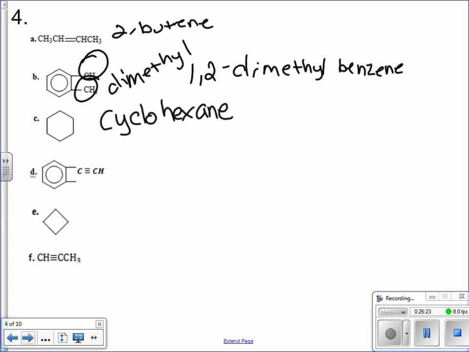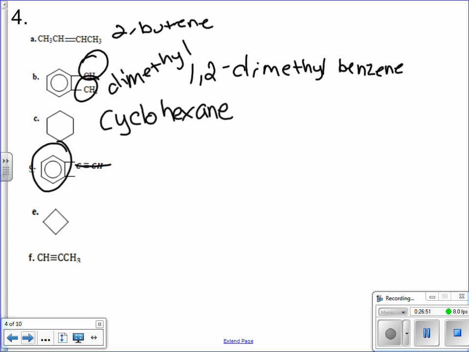4D is kind of tricky. We have a benzene, but now instead of treating benzene as the parent chain, we treat benzene as a branch. The CCH, because it has a triple bond in it, that's our parent chain. This is our branch. So double bonds and triple bonds take precedence over branches. So the CCH is our parent chain.